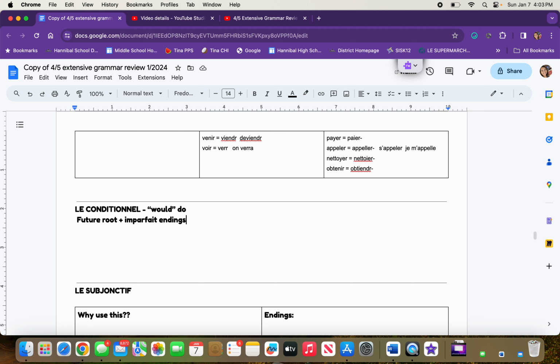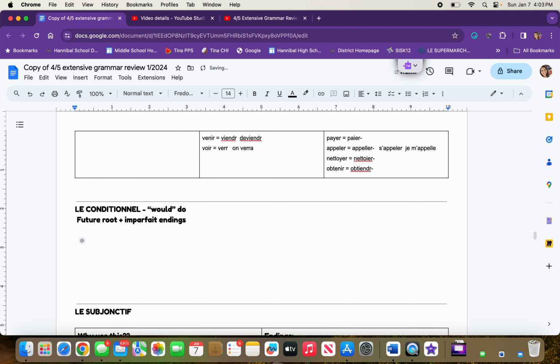For the future root, remember, you are just taking the infinitive, and you're going to lop off the E if there was one on there. And then you're going to add the imparfait endings. As you probably remember, those are the AIS, AIT, IONS, IEZ, AIENT.